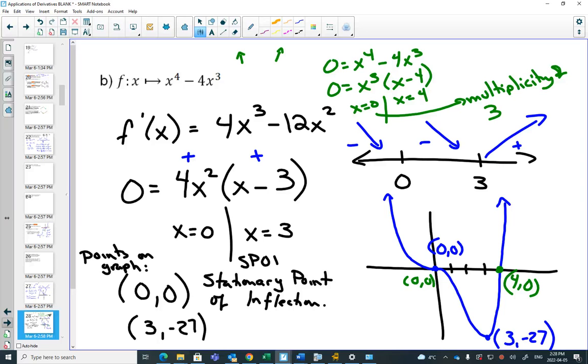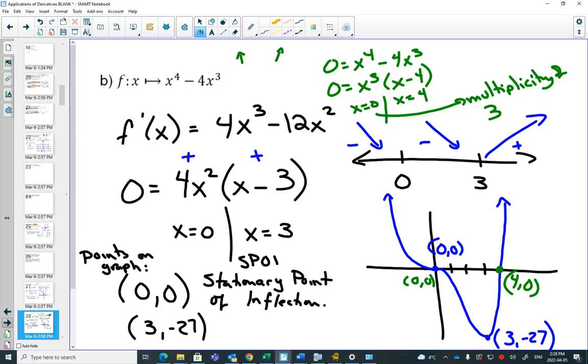Anytime your multiplicity is odd but bigger than 1, in grade 12 we just described it as a bend in the graph. It bends at that point. We now know in calculus that it's officially a stationary point of inflection. When it has a multiplicity that's odd, bigger than 1, it will always bend.